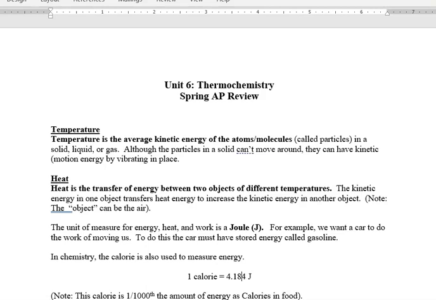Heat. Heat is the transfer of energy between two objects of different temperatures. The kinetic energy in one object transfers heat energy to increase the kinetic energy in another object. So note that the object can be the air. That heat can be released into the air.